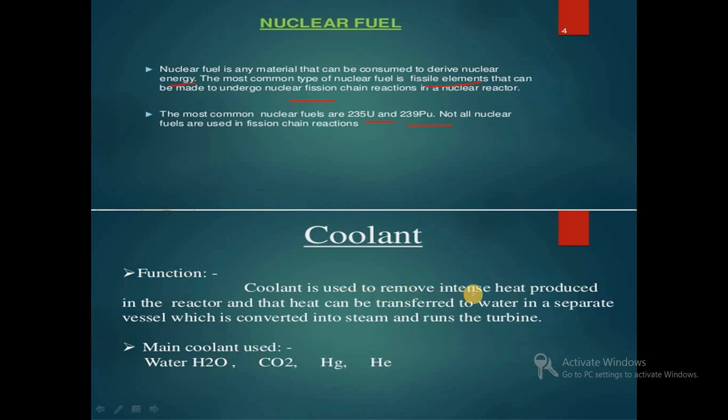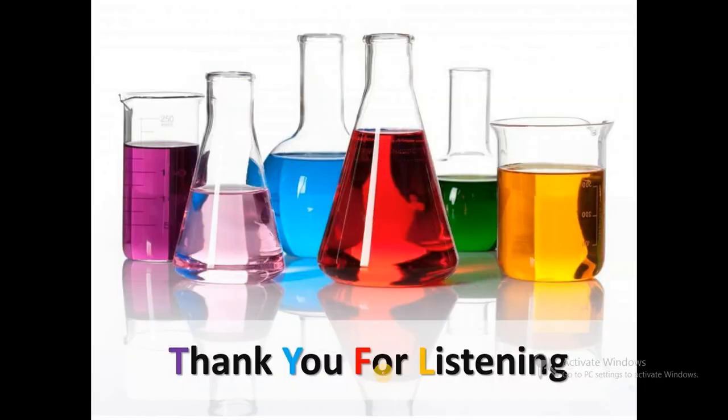Coolant is used to remove the intense heat produced in the reactor, and that heat can be transferred to water in a separate vessel, which is converted into steam, which runs the turbine. Examples of main coolants used are water, CO2, mercury and helium. But in this system we use water. Thank you all for listening to this video.